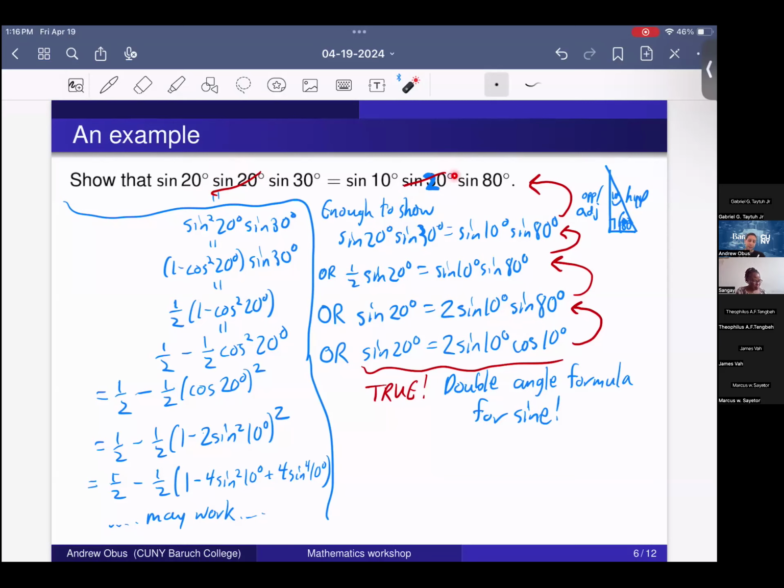It's a difficult problem, and it's not something you'd expect by looking at it, but in fact sine 20 sine 30 is the same as sine 10 sine 80.